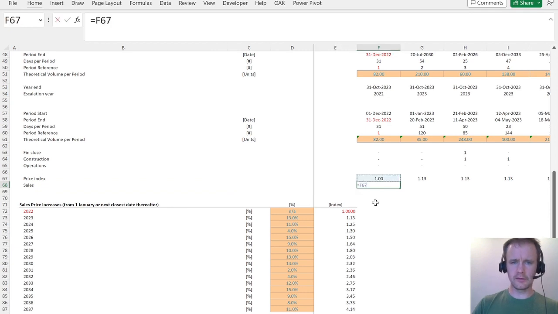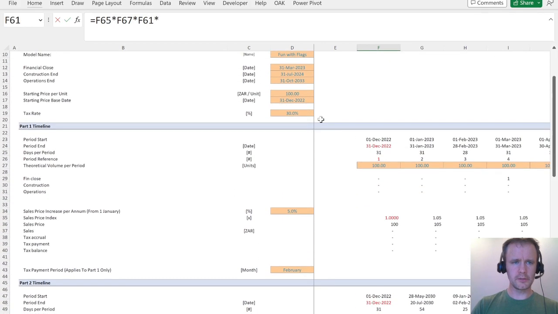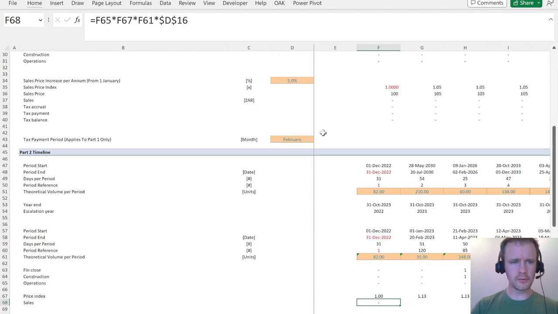So that is operations flag times price index times volume times sales price, I think. Seems like more things than I multiplied together before. I think I must have had another interim step before. Yes, I had sales price as one step.